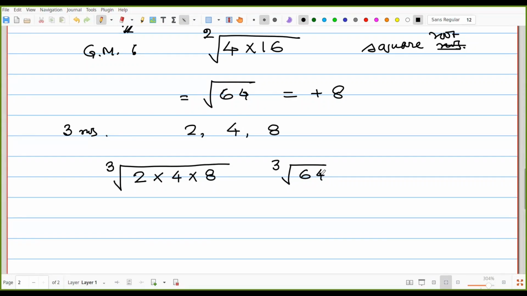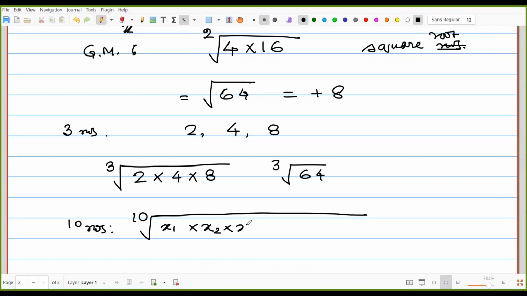Now, cube root of 64 is different. We have to find out another way. Suppose 10 numbers are there. So that means we have to find out the 10th root of x1 into x2 into x3 into x4, those are the numbers x5 up to x10. So that is some hefty condition. If the numbers are more than 3 also, that is also a hefty or calculative thing.